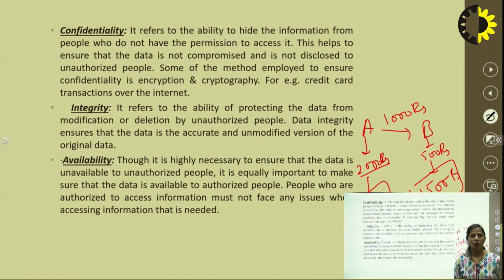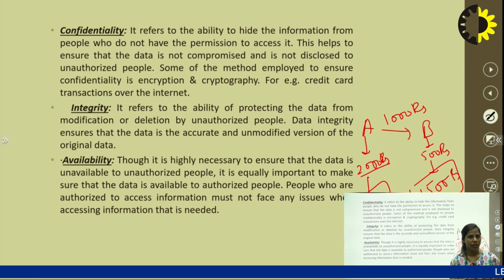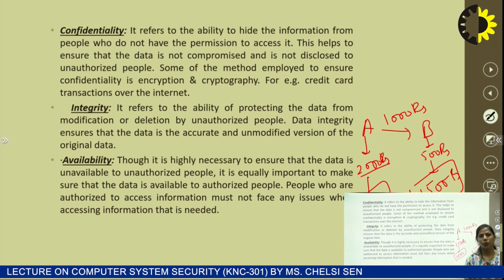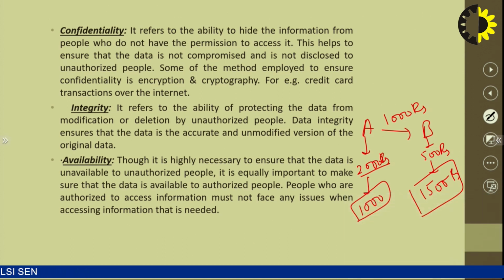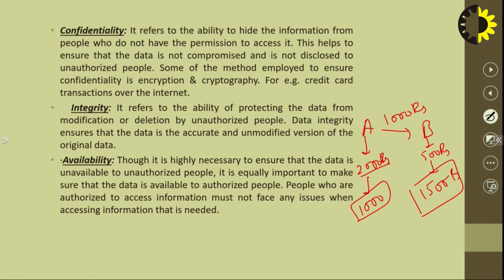Whatever important, confidential data we have should be accessed by authorized people only, those who have the permissions and the right. So availability should be there for the particular authorized people. If I give permission to a particular person, they can only access the particular information. They cannot update or alter things. So this is the permission right, who can access the data.